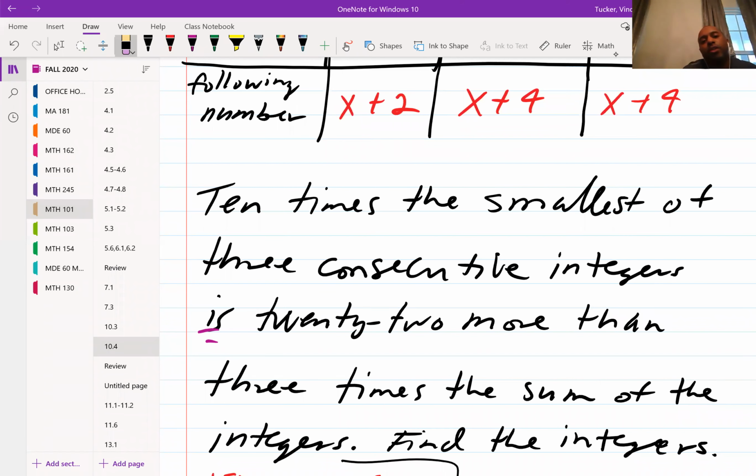All right. So we have: 10 times the smallest of 3 consecutive integers is 22 more than 3 times the sum of the integers. Find the integers. So I'll give you a chance to write that down.